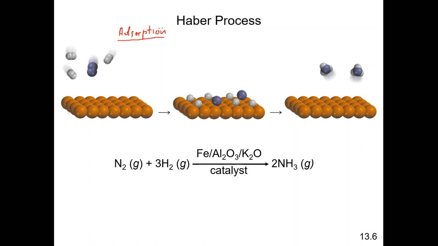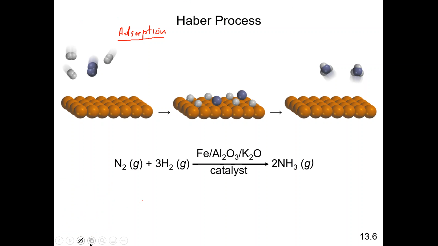Adsorption is what happens when the molecules cling to the surface of the solid catalyst. Then the atoms separate from each other in the molecules and move along the surface and come into contact with the other reacting molecules to form your product. So that is what is being demonstrated in this diagram right here.